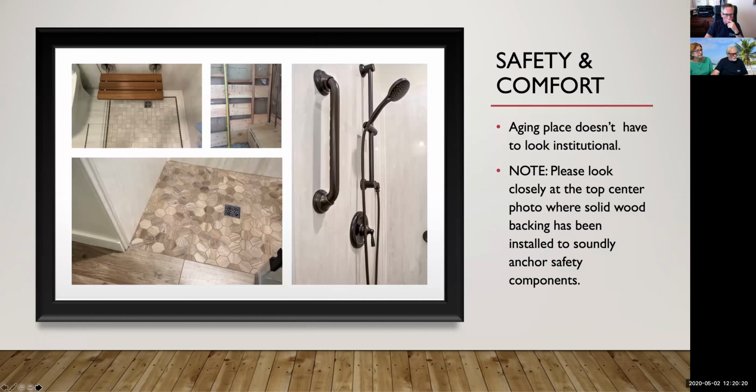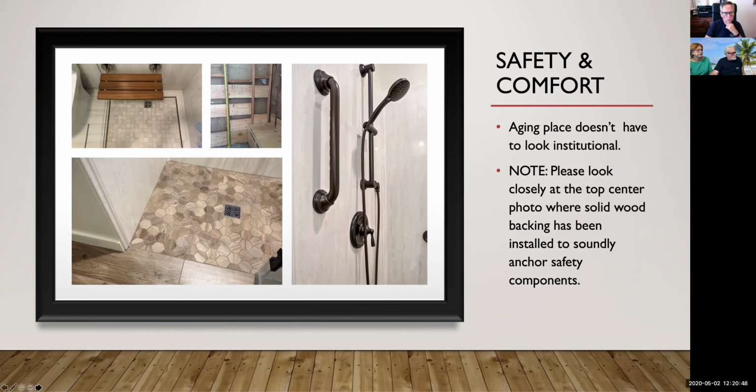You want to note at the upper left, in the center picture above, you'll notice big wood blocks horizontally placed between the wall studs. That's backing for grab bars and components such as benches and other safety equipment so that it can be installed soundly.